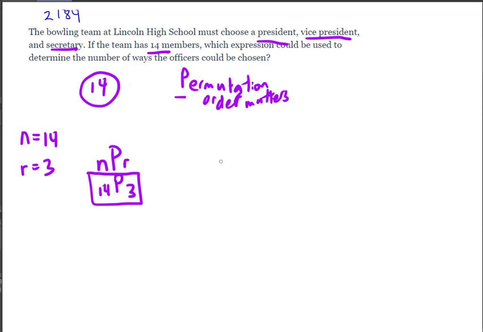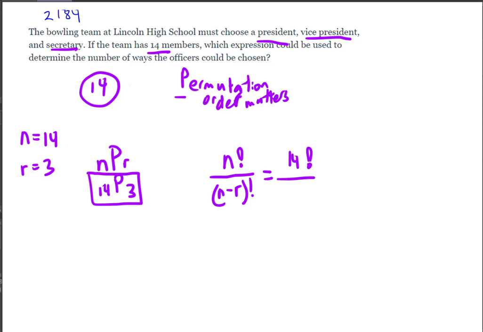Okay, here we go. So we're going to start with the permutations. Once again, my formula is n factorial over n minus r factorial. And I'm just going to say that's equal to n, once again, is 14, so that's going to be 14 factorial.